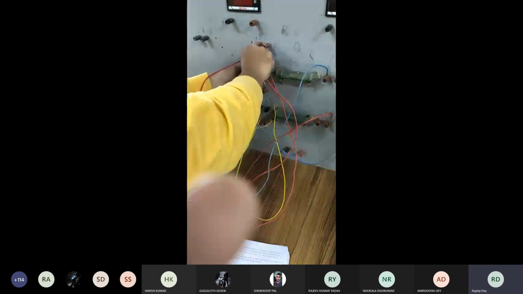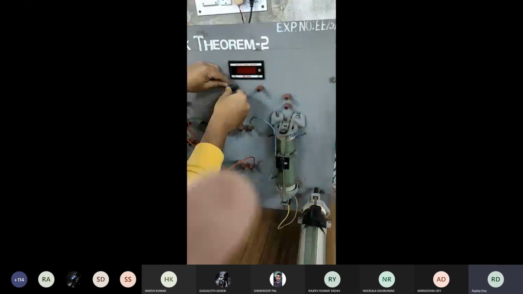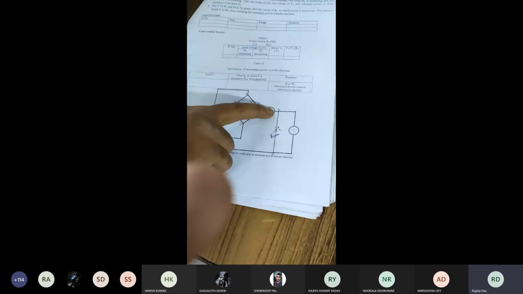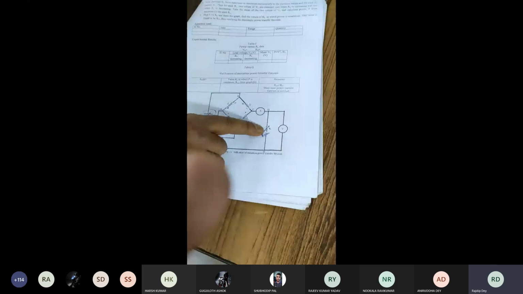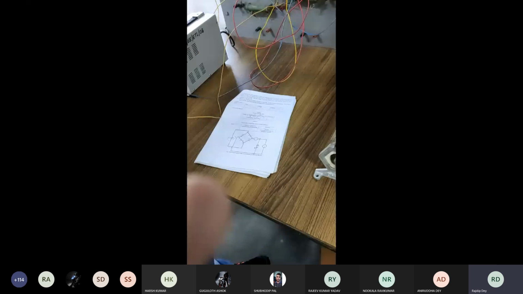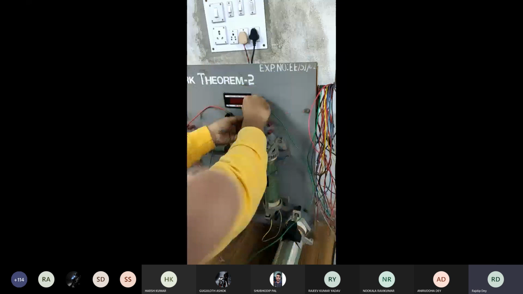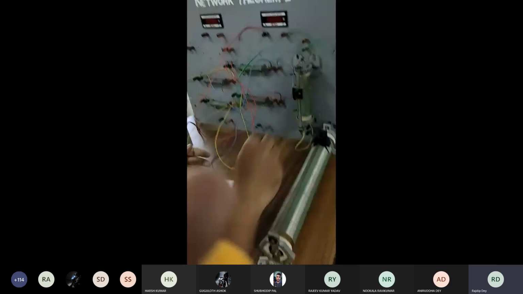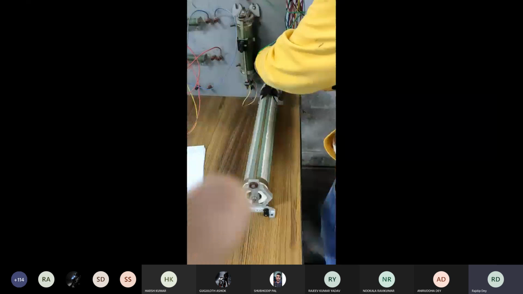See, so this Q negative will go to the ammeter, and if we see here again, the other end of the ammeter will be connected to the load, right? So we'll take another wire, and this is the other end of the ammeter, which will be connected to the load.